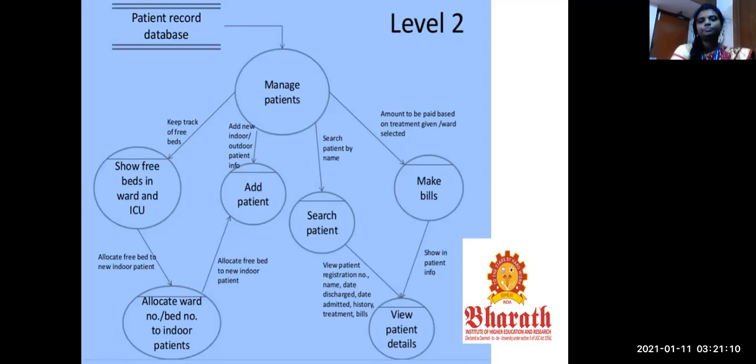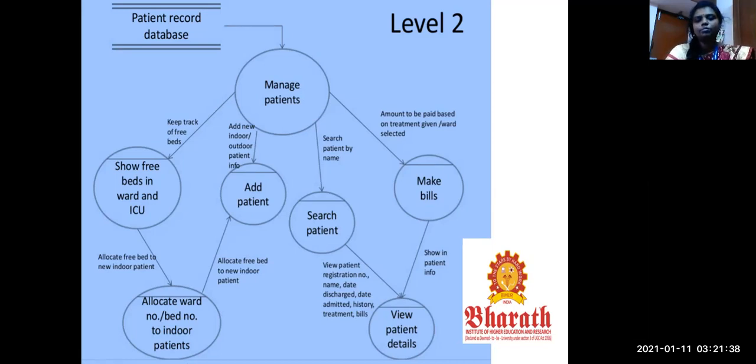If it is for the outpatients, they will directly add the patient info alone. Whereas if it is an indoor patient, first they will search for the free beds in the ward, and only after that will they enter the patient's info.